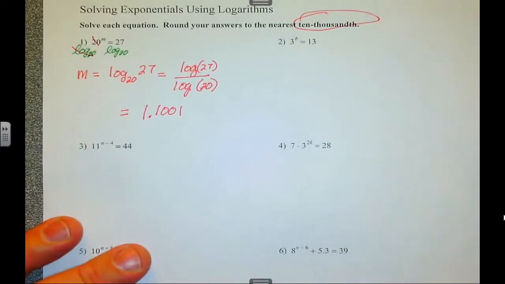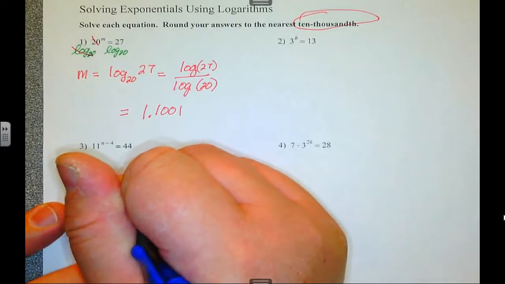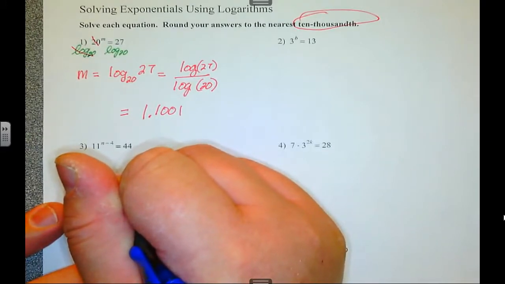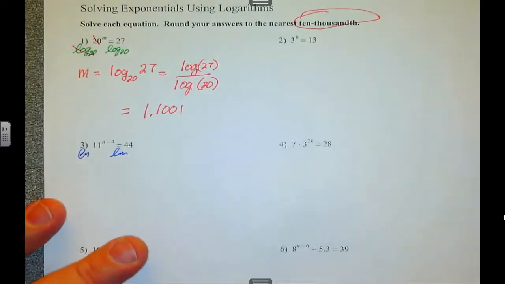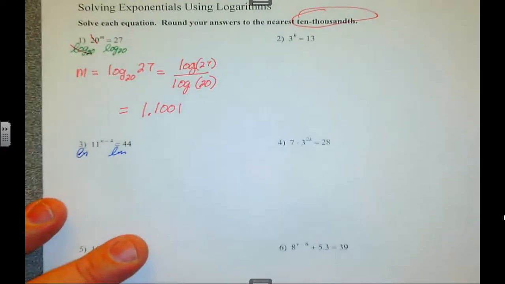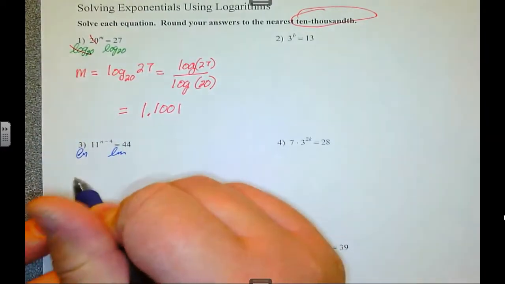Number 2. I'm going to take the natural log of both sides. Oh, well, no, I can't do that. Never mind.